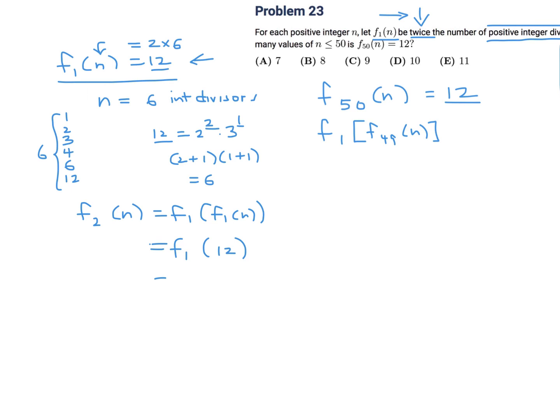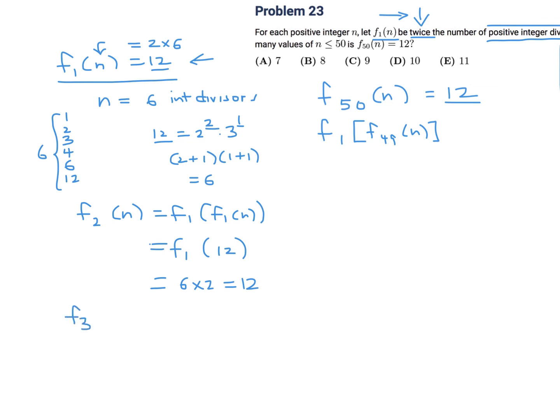And we just figured out that f at 1 of 12 is the number of positive integer divisors of 12, which is 6, times 2, which is 12.